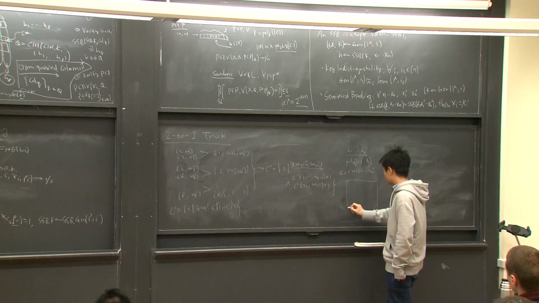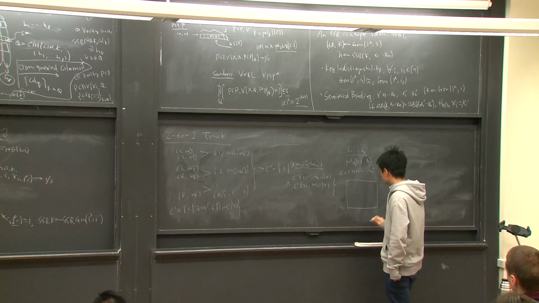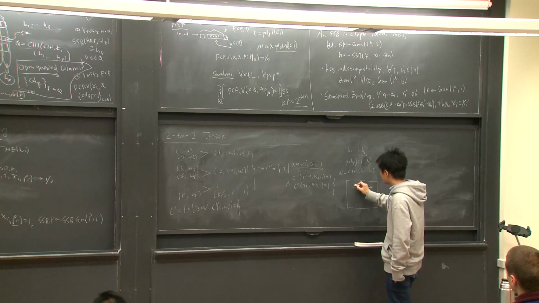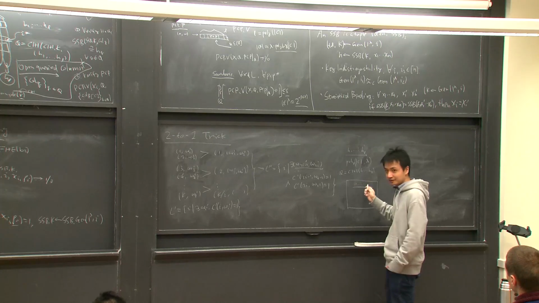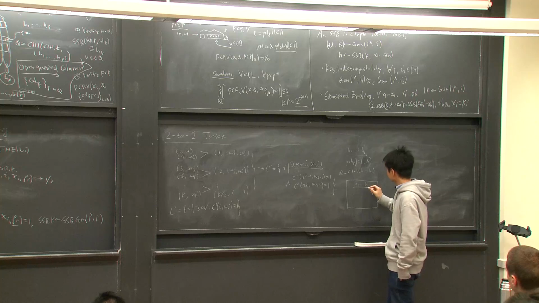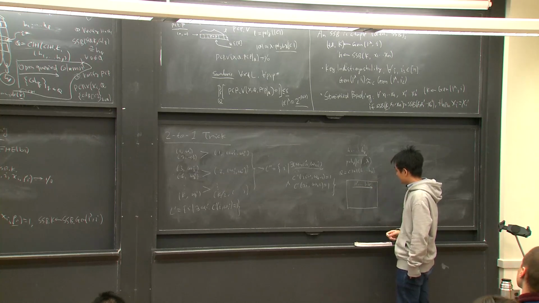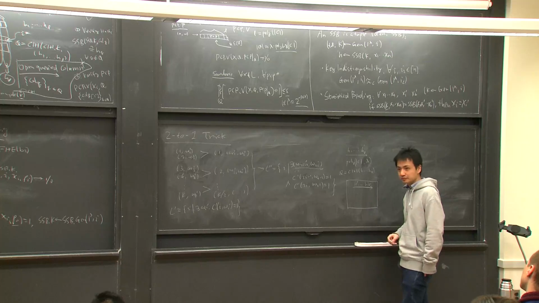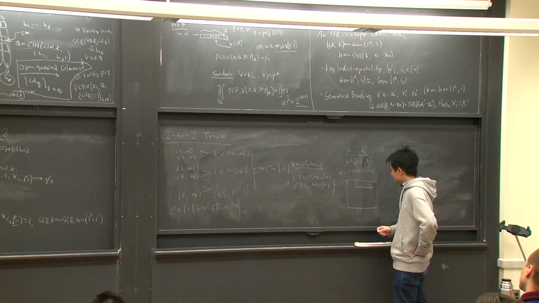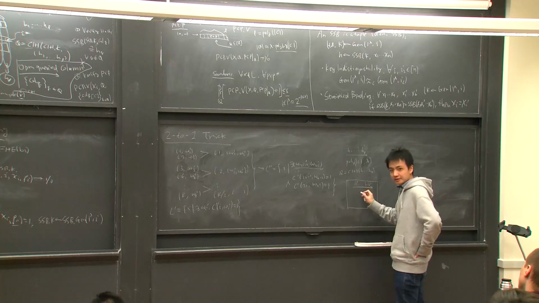But at the next level of the recursion, we will also have this first round message for that. Let's denote it by h_i prime. So what's the size of this message?